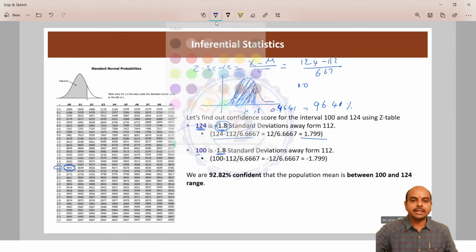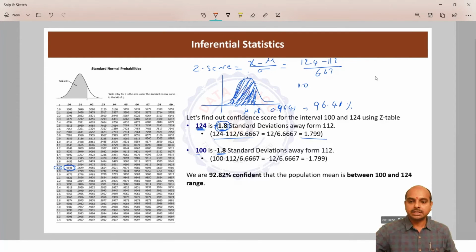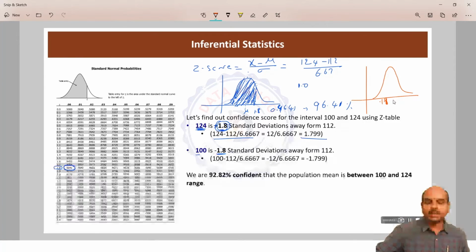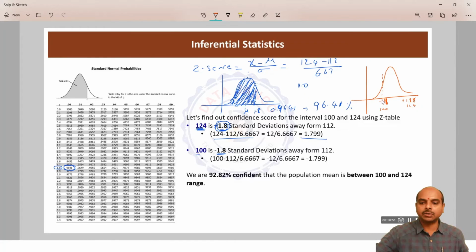The area under the curve we need is from minus 1.8 to plus 1.8, because we wanted the probability percentage for the range 100 to 124. That means minus 1.8 to plus 1.8. So we need to find the area under this part from minus 1.8 to plus 1.8.